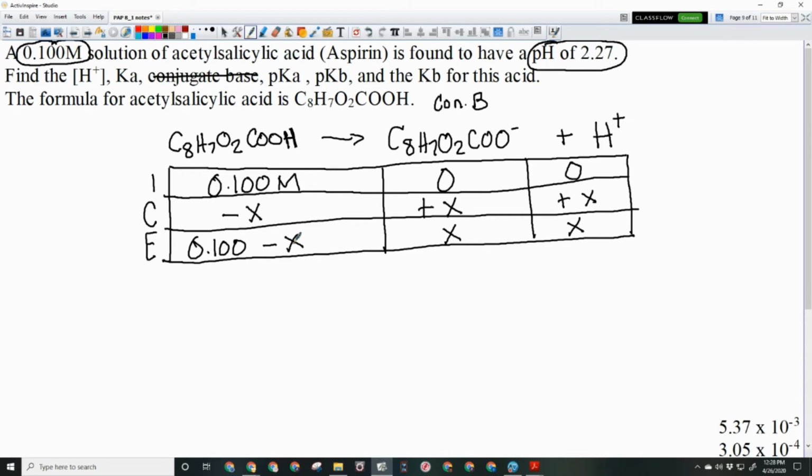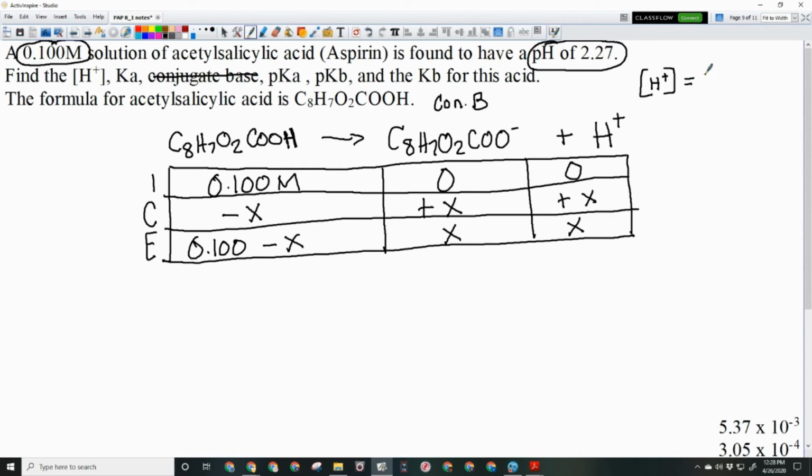All right, so we have to have some way to solve this. Well, let's look at our other piece of information here. The pH is equal to 2.27. So what is the pH? It's the value of the strength of the hydrogen ion concentration. So from pH, we can calculate the hydrogen ion concentration.